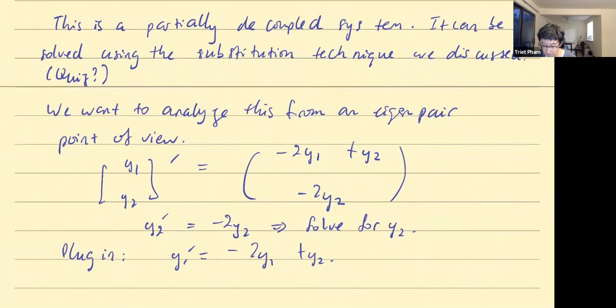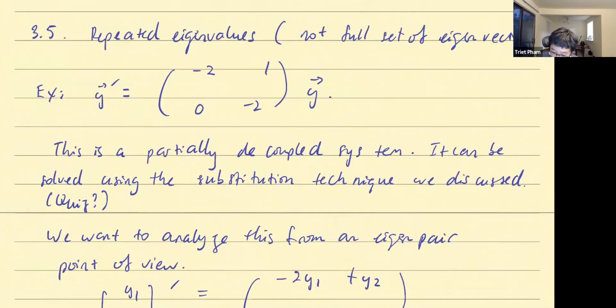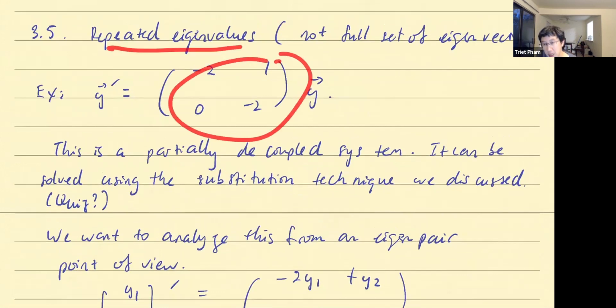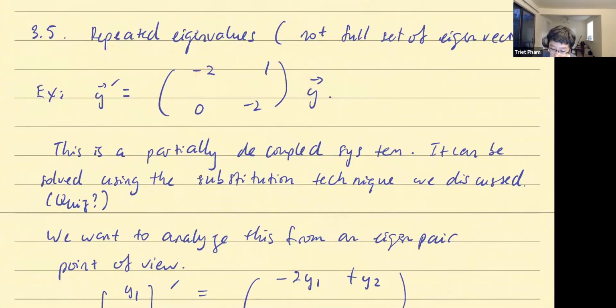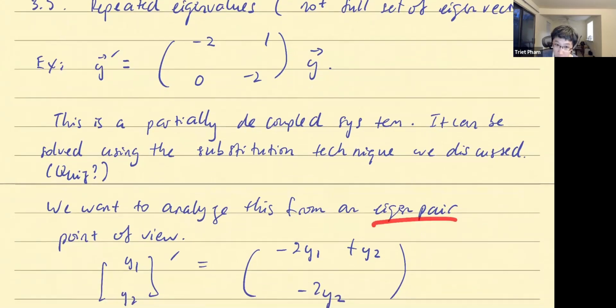But that's very special. A repeated eigenvalue system doesn't have to be partially decoupled; we just picked an example like this to demonstrate the idea of the eigenpair. The more important one is the eigenpair point of view.